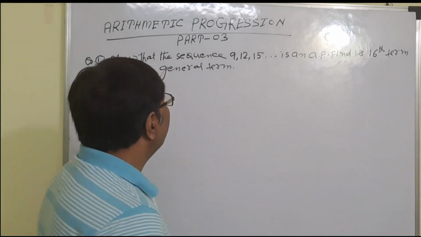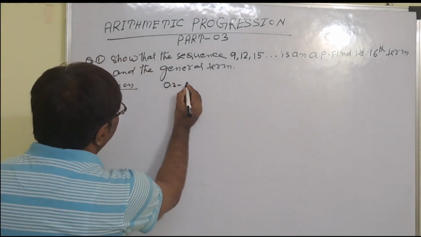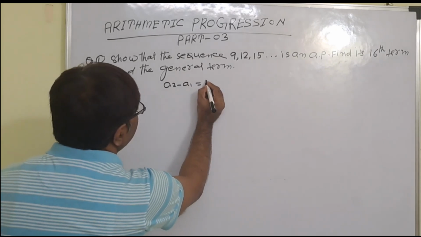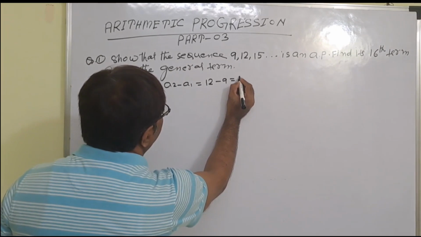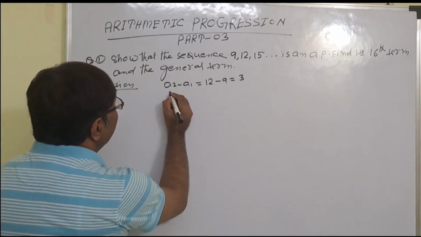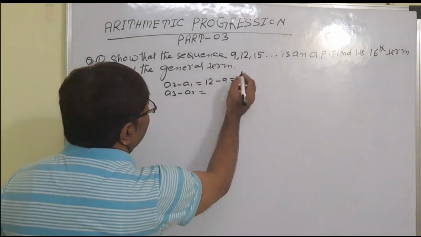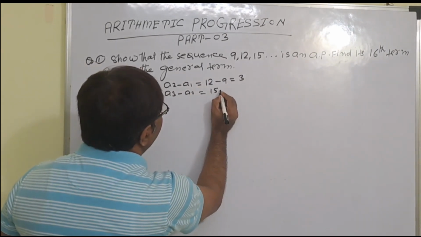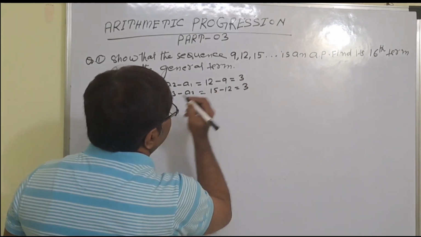So let us see. First we find A2 minus A1, second term minus first term. The second term is 12 and the first term is 9. So 12 minus 9 is 3. In the same way, third term A3 minus second term: 15 minus 12 is 3.